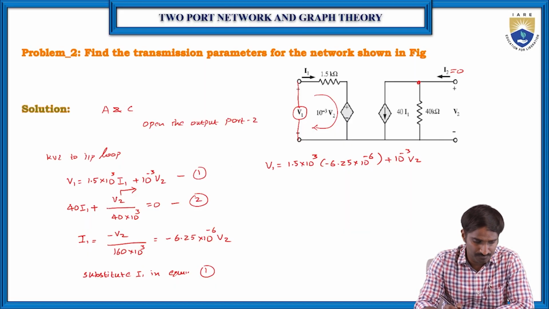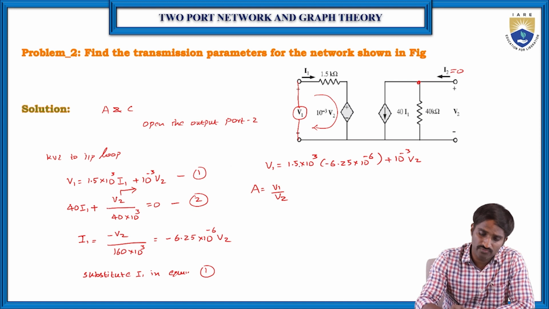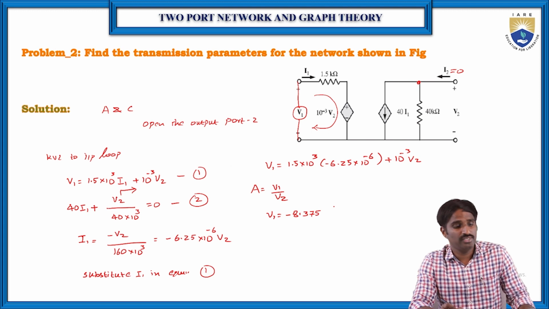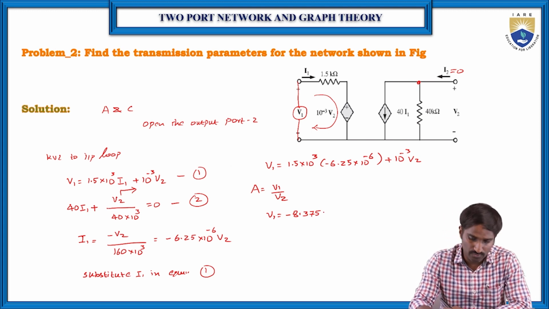Because we know the parameter A is equal to V1 by V2. If you simplify this, you will get V1 is equal to minus 8.375 into 10 to the power of minus 3 V2.